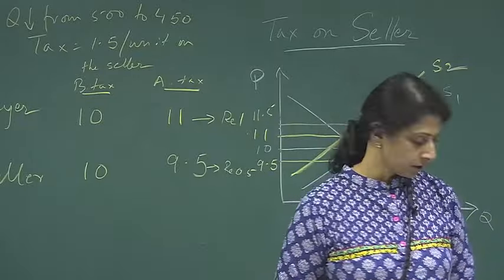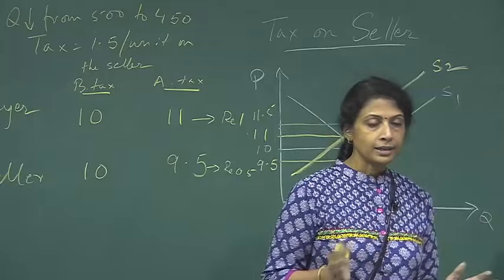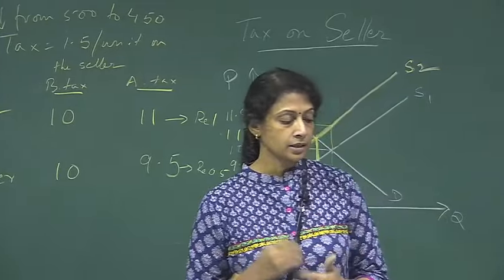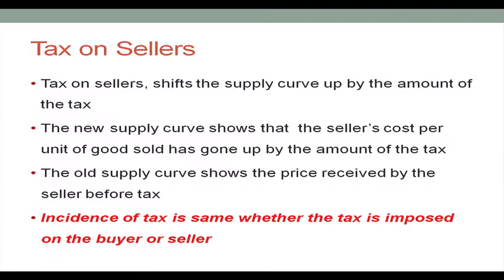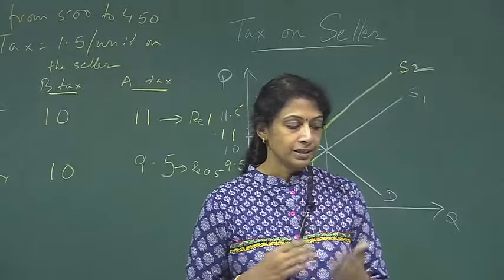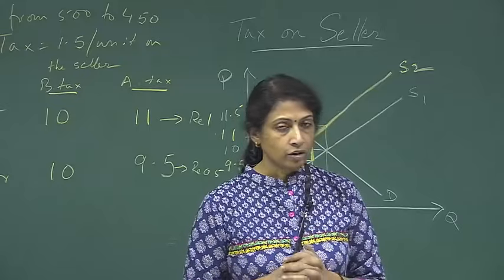And what is most interesting about this entire exercise is that the incidence of a tax is the same whether the tax is imposed on the buyer or the seller. It does not matter who the tax is imposed on, the incidence is going to be the same.